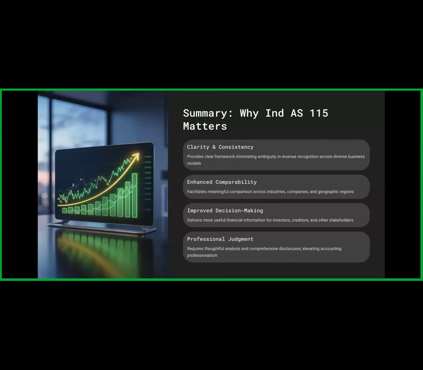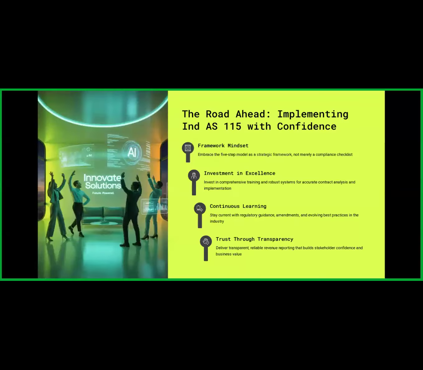So this information improves the decision making ability of the different stakeholders. Now, the fourth one is professional judgment. That requires thoughtful analysis and comprehensive disclosure, evaluating accounting professionalism. So by analyzing all the accounting policies, this AS provides professional guidelines as per the standard. So this is the professional judgment.